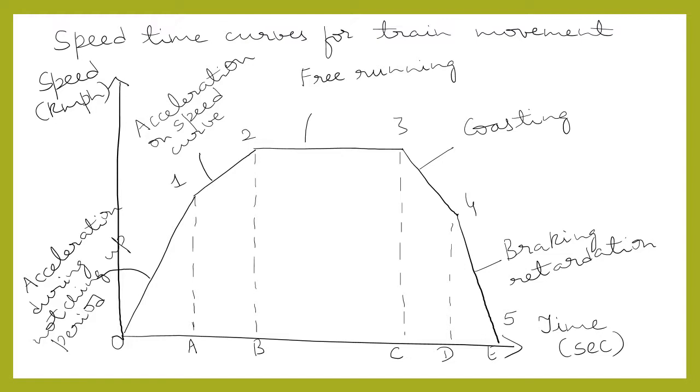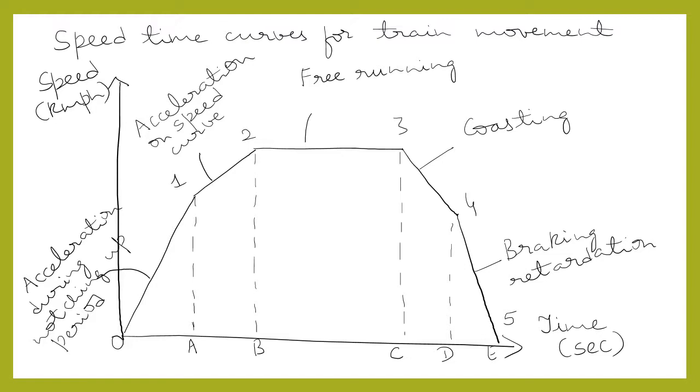There are different speed time curves for the different locomotives. The different services are city service, where the distance between the stops is about 0.5 kilometer, and the speed time curve has the acceleration period, coasting period and braking period.